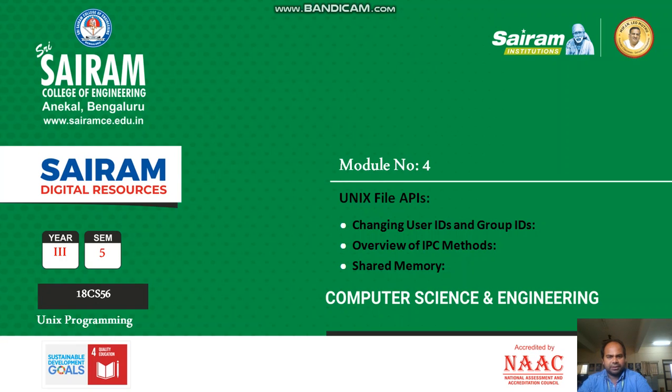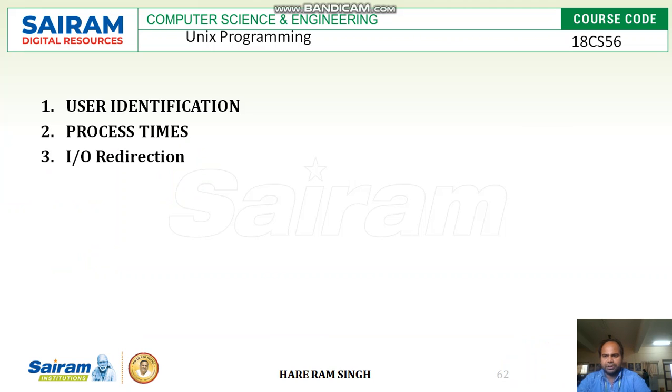Dear students, let me continue the next topic of the fourth module, that is user identification, process times and input output redirection. Three topics we are going to discuss in this video.